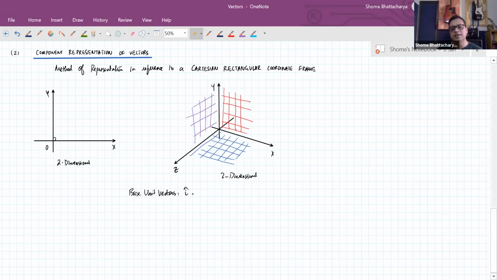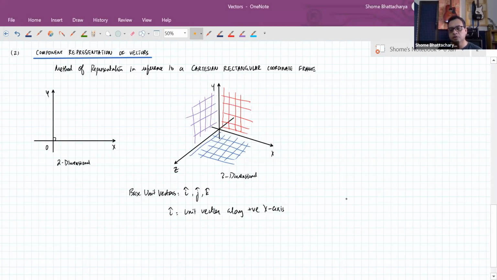They are denoted by i cap, j cap, and k cap. So i cap is the unit vector, that means a vector of magnitude 1 along the positive x-axis. And as you know, the symbol cap stands for the fact that it's a unit vector.